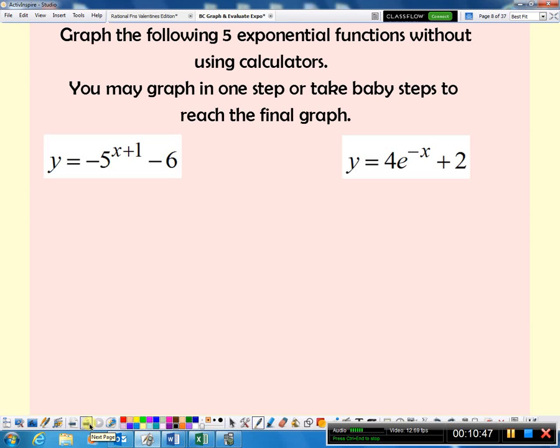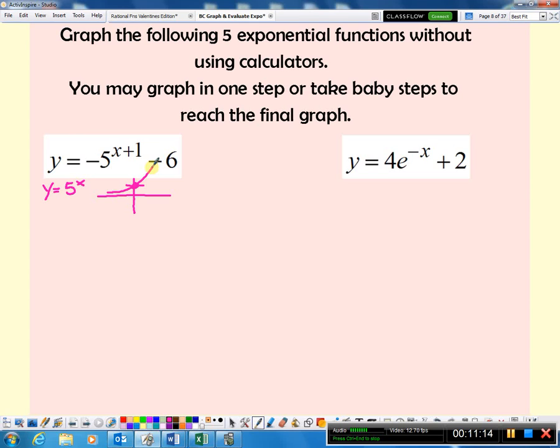So this is something that I've seen people do that might help you. A lot of people start out and say, all right, y equals 5 to the x is your parent function. So I'm going to show you taking a series of baby steps. Is 5 to the x exponential growth or exponential decay? Since the base is greater than 1, it's exponential growth. Now, you need to look at your negatives first.